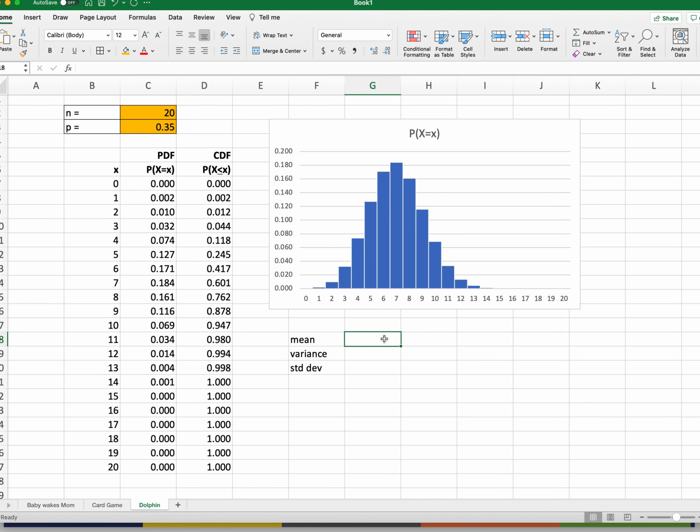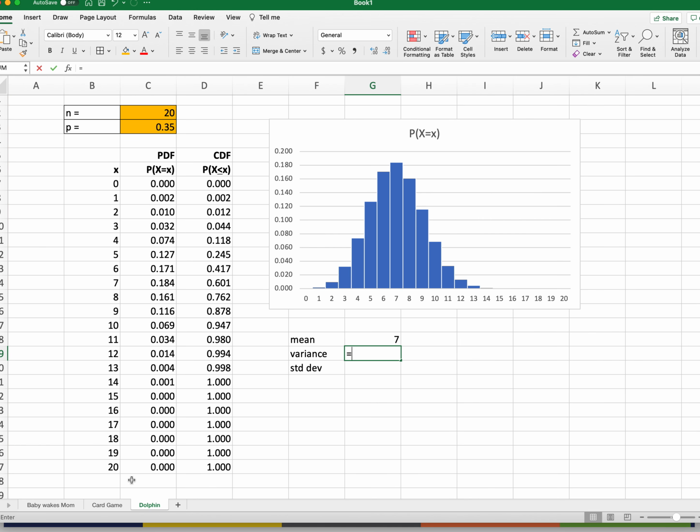It's n times p equals this times this. So the mean is going to be 7. Because it really is saying you're taking 35% of 20. Well, 30% of 21 is 7, because 3 times 7 is 21. So 35% of 20 is probably 7. That's probably a good thing.